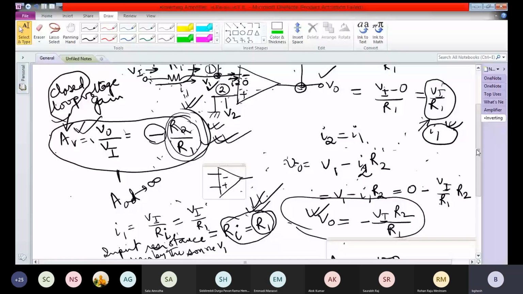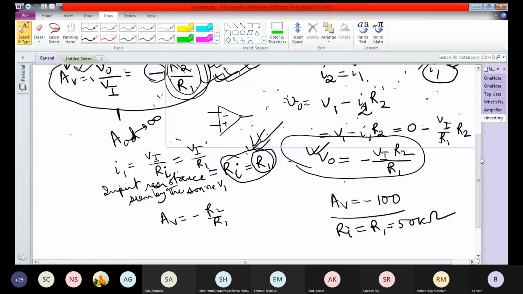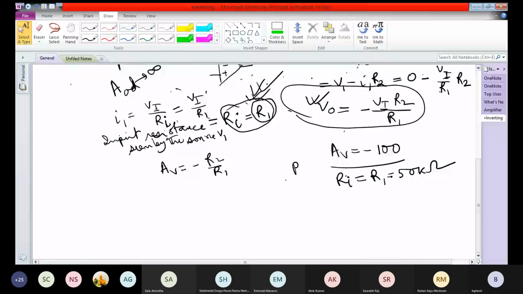AB is given by -R2 by R1, you can see here. So simple calculation will show the value of R2 will be very large. The value of R2 will be how much?